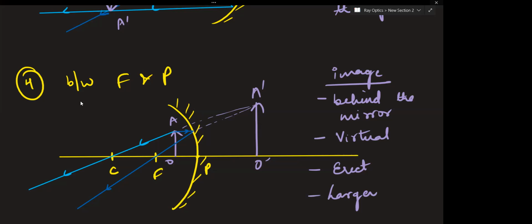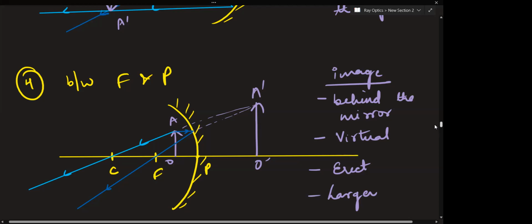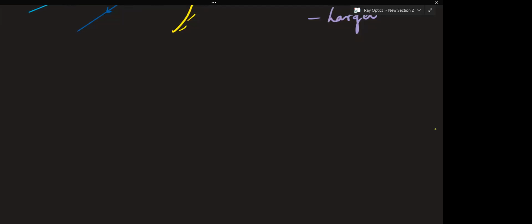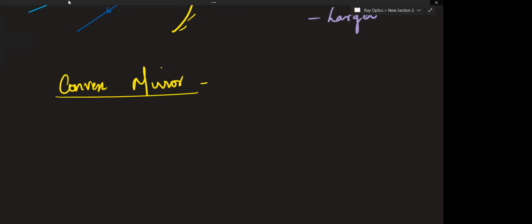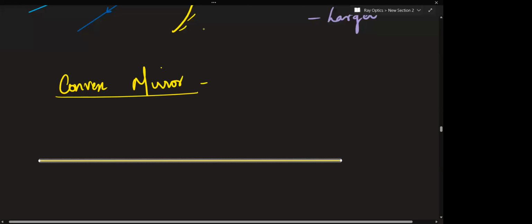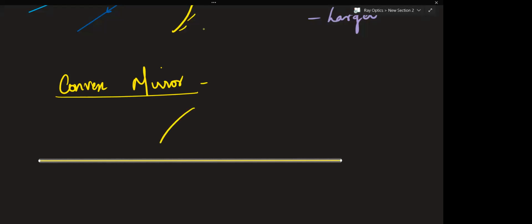One case is there for a convex mirror. Let's complete that also, so that you can write it at once. If it's a convex mirror, there is one case you have to remember. In your question paper, any case can be given to you, so you should follow whatever rules are given. But in general, these ray diagrams come.